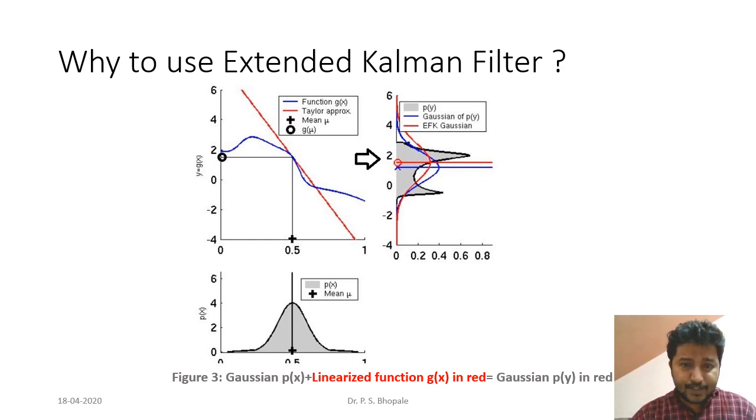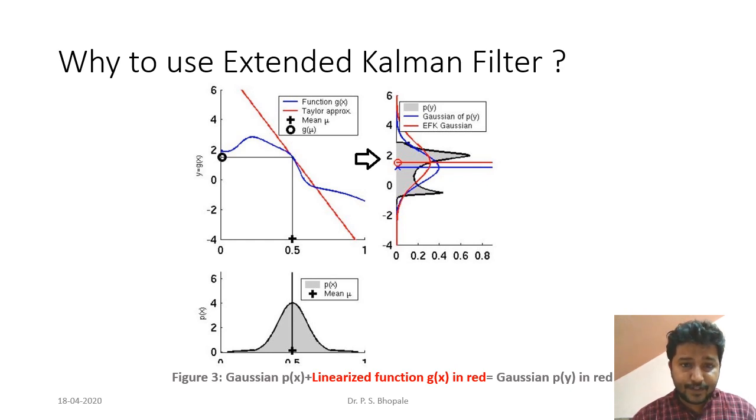If you can see in this figure, figure number 3, we have a Gaussian input x and its covariance Px as a Gaussian. In the previous case, when it was transferred through the nonlinear function, the distribution didn't remain Gaussian.